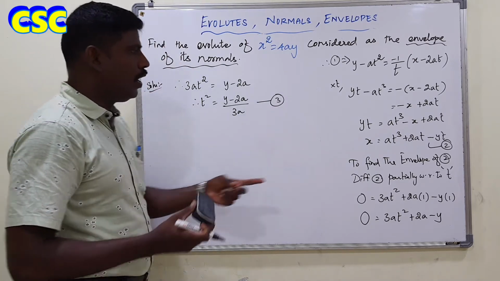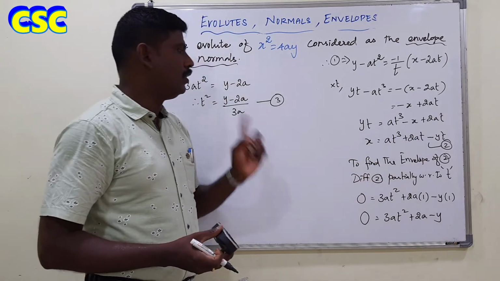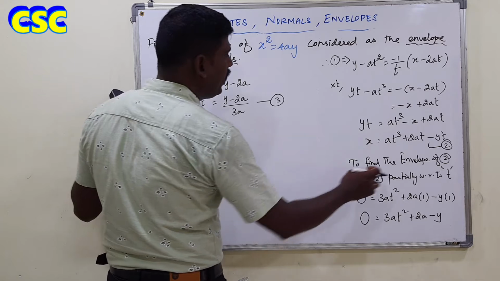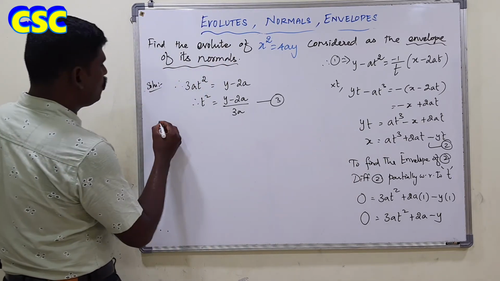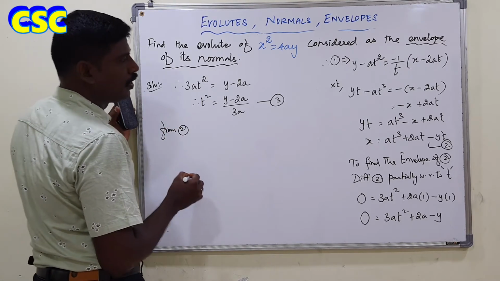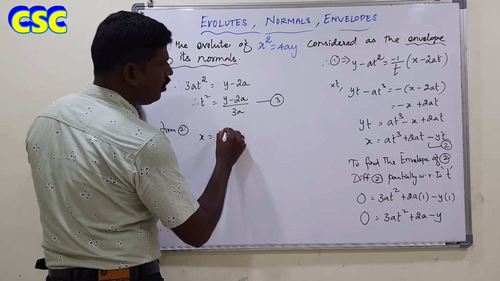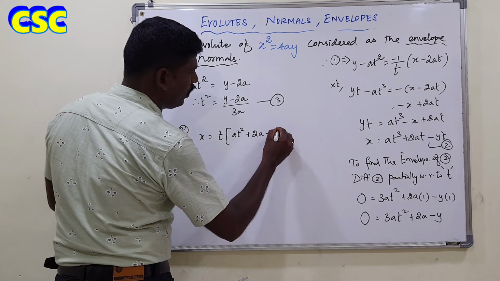Now I am going to eliminate t between 2 and 3. Right? So this is the method of finding the envelope. From 2, what is x? X equal to, taking t as common, t into a t square plus 2a minus y.